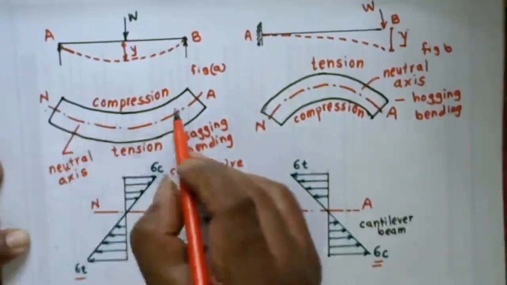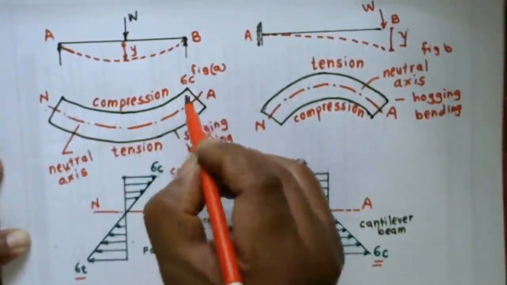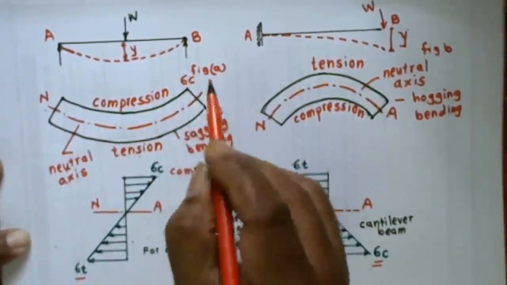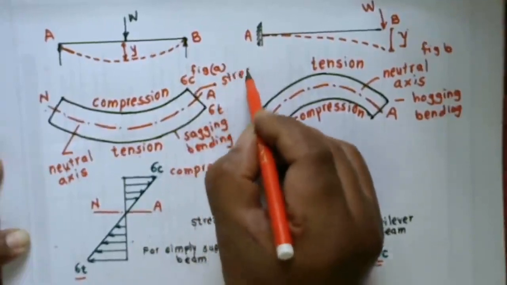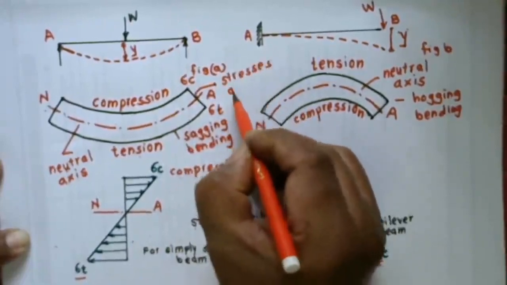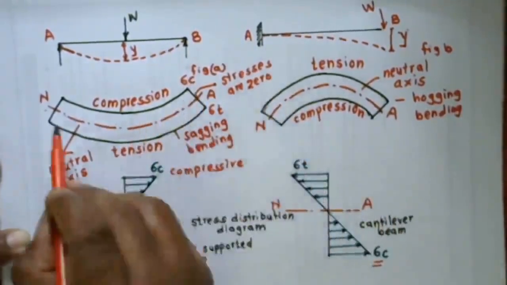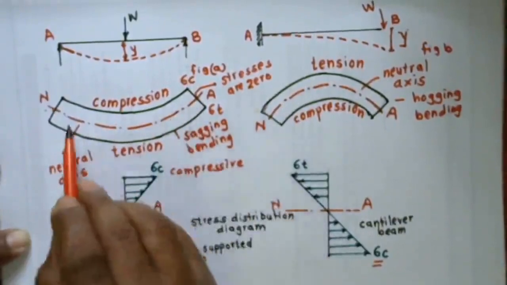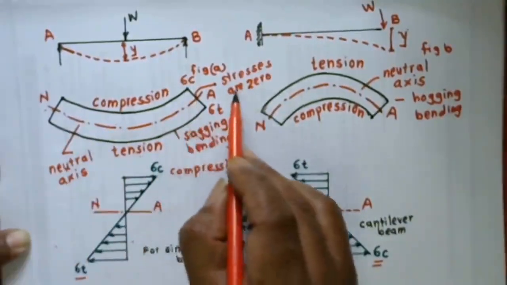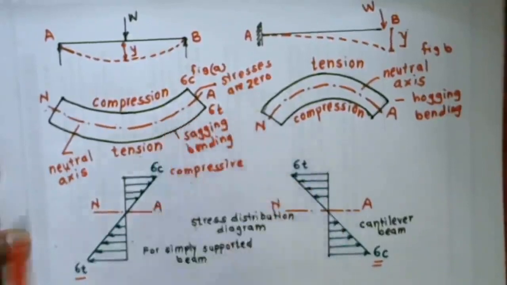Now if we see here, at the upper side compressive stresses are induced, at the lower side tensile stresses are induced, but at the neutral layer the bending stresses are zero, or no kind of stress is induced at the neutral axis. So you may say the axis at which the bending stresses will be zero is also known as the neutral axis.